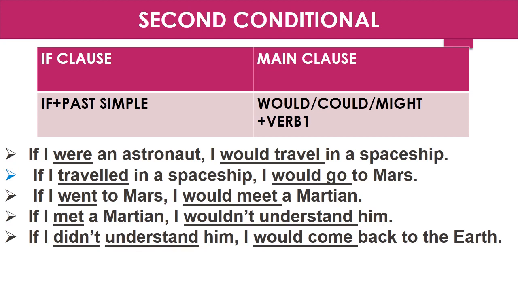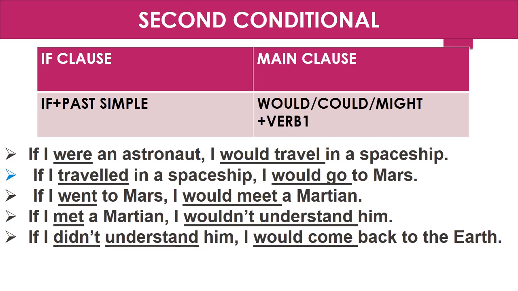Then another example, if I traveled in a spaceship, I would go to Mars. So here the verb traveled is used in if clause and would go is used in main clause. Then another example, if I went to Mars, I would meet a Martian.